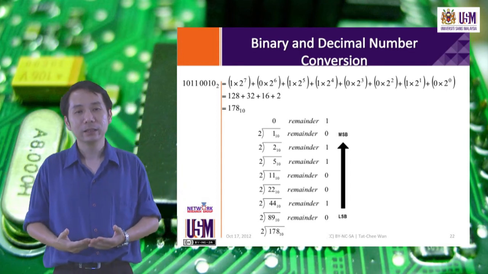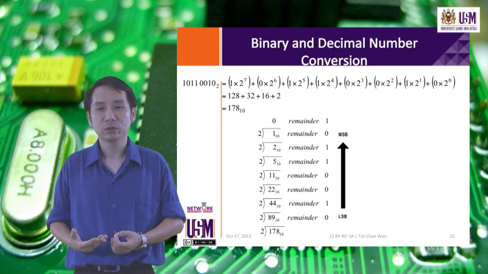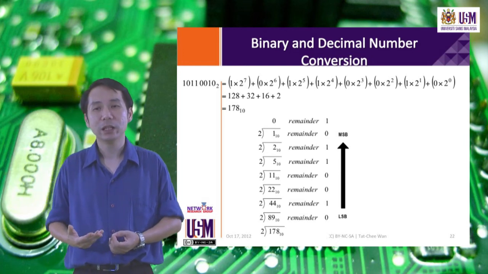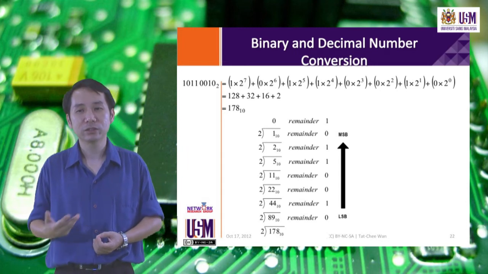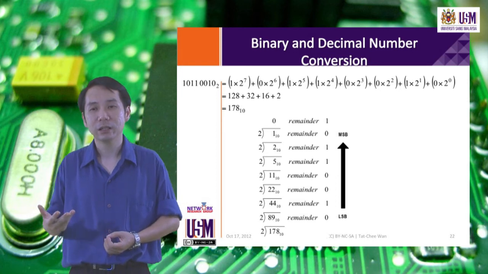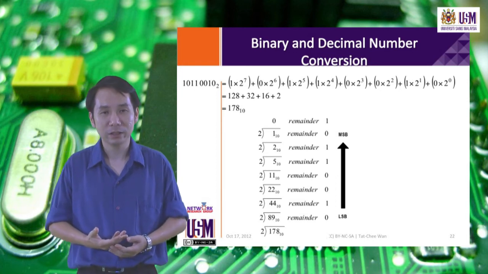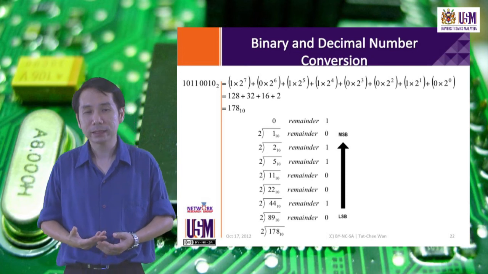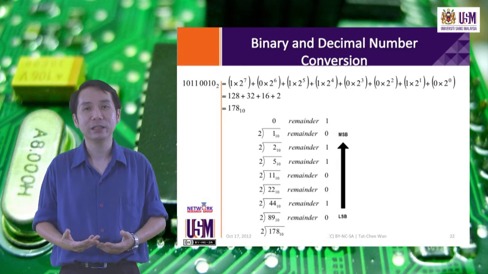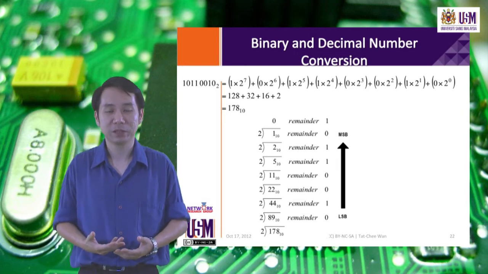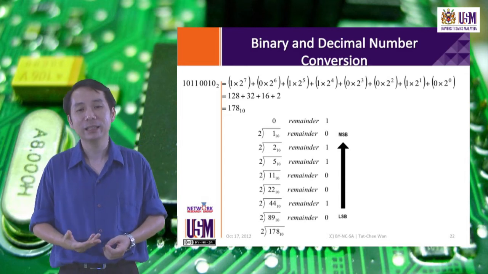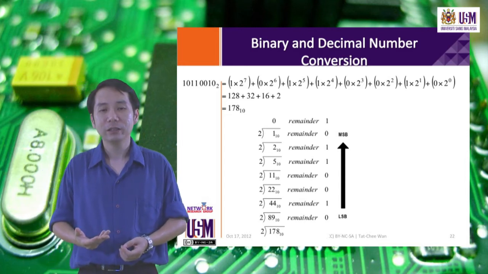Then 0 multiplied by 2 power 3, 0 multiplied by 2 power 2, 1 multiplied by 2 power 1, and 0 multiplied by 2 power 0 are the next 4 bits that make up our number on the screen. When converted into decimal, this gives us the answer 178, which is a base 10 number.